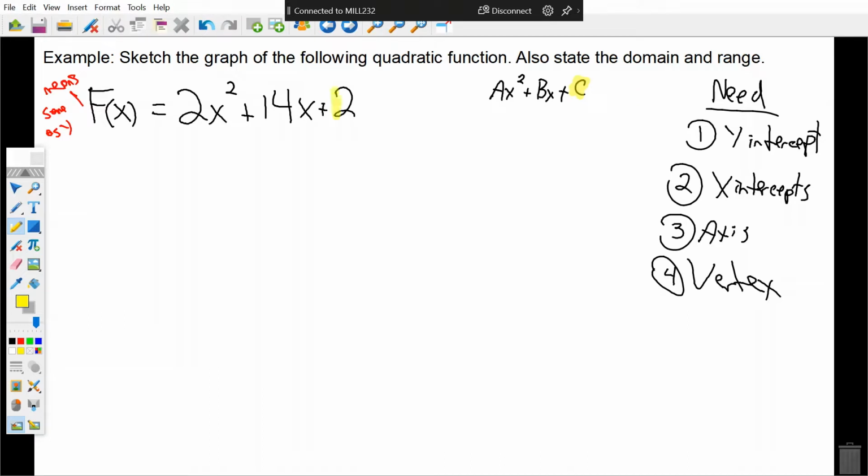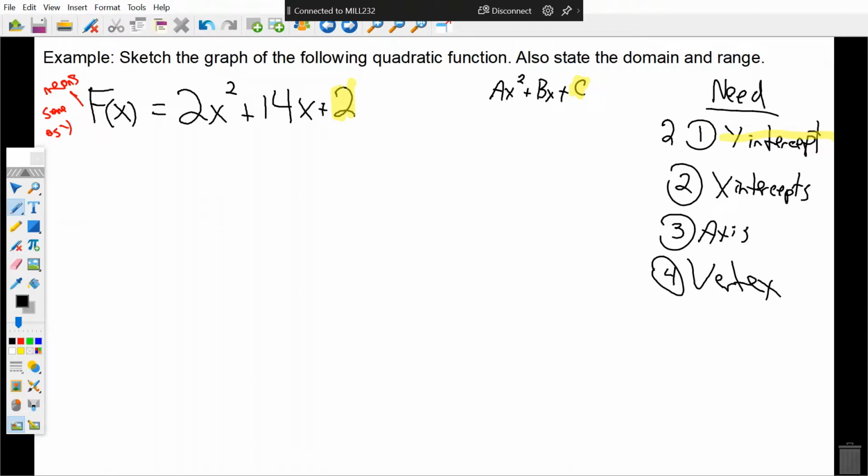The y-intercept is the constant, the number that's by itself. So the y-intercept is 2. We'll need that to graph. We'll graph once we've got all the information. The second step is to factor it to find the x-intercepts.